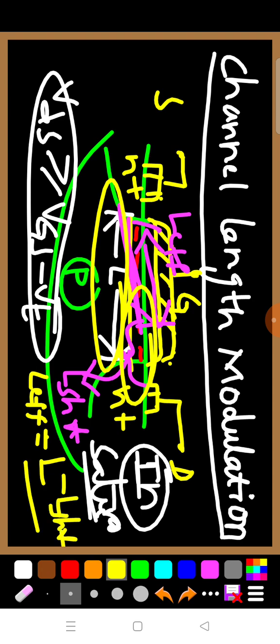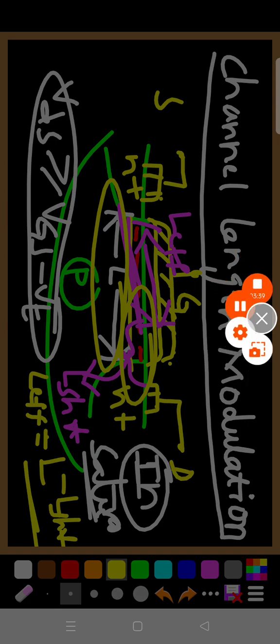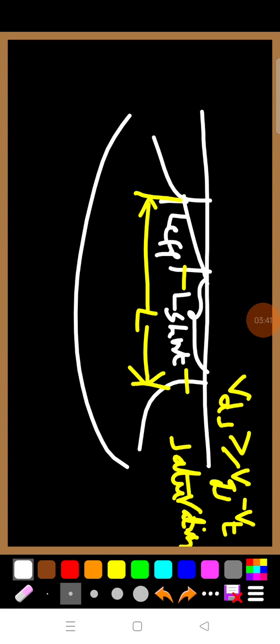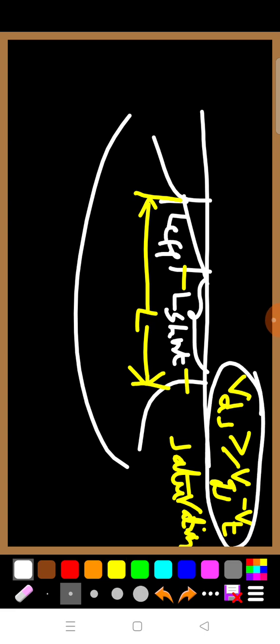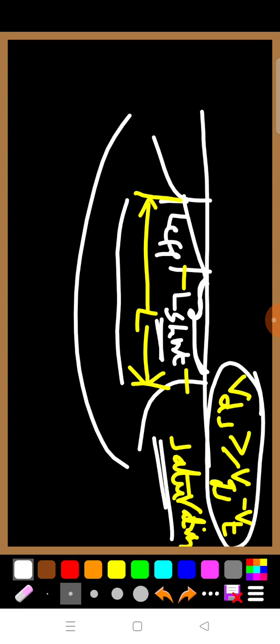Let us see this more clearly. Whenever VDS is greater than or equal to VGS minus VT in the saturation region, the length of the channel is L. There is a pinched off channel, and L short is the length of the pinched off channel. The remaining length is L effective, which is L minus L short.